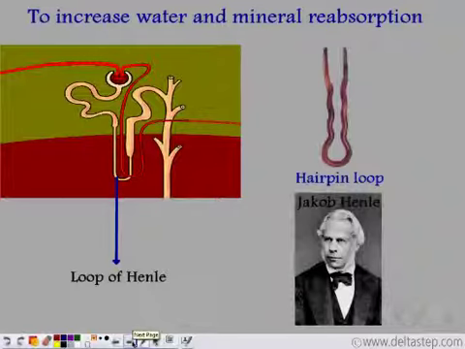Now, for the greater reabsorption of water and minerals, there is another structure post the proximal convoluted tubule. And this structure looks like a hairpin loop and is known as the loop of Henle, after the famous scientist Jacob Henle, who first discovered this.